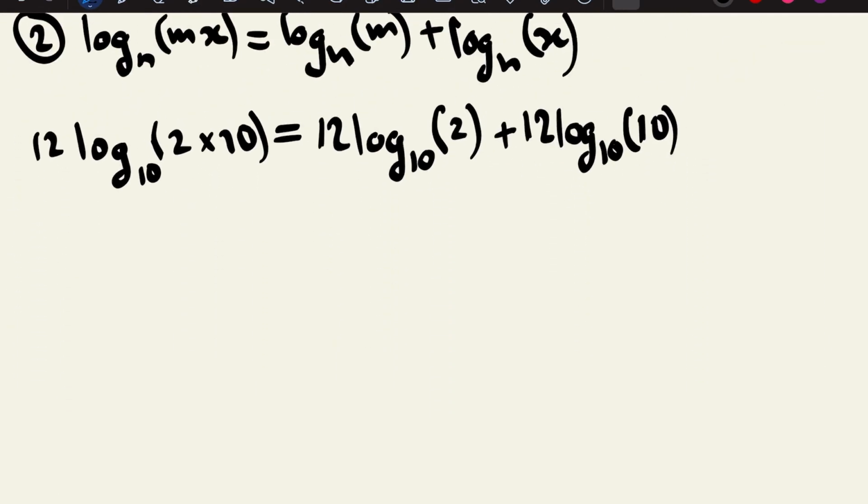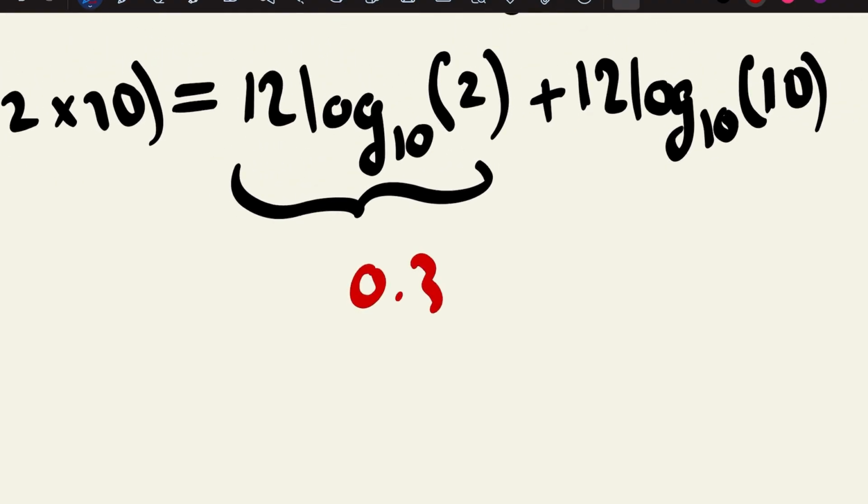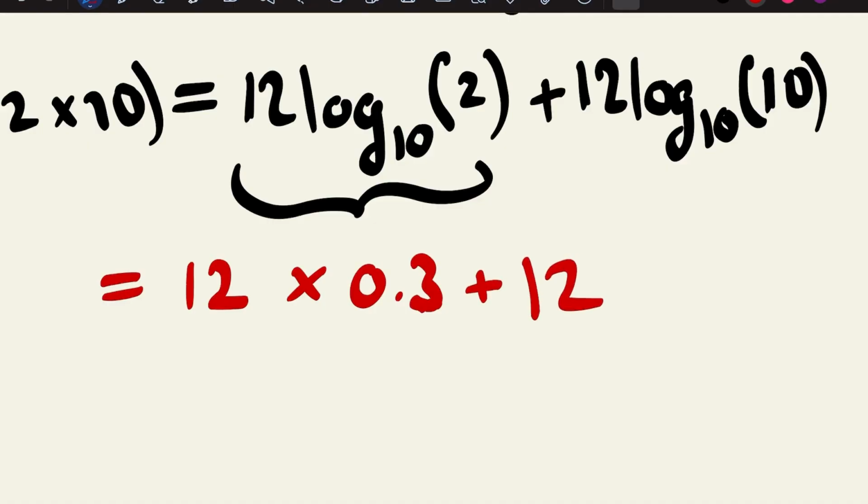Now I know the value of log base 10 of 2, which is 0.3 approximately. There are a lot more numbers after 3, but this is the approximate value, and we can multiply this by 12, plus 12. Since we're asking what exponent I should raise 10 by to get 10, that would be 1, because 10 to the power of 1 is equal to 10.